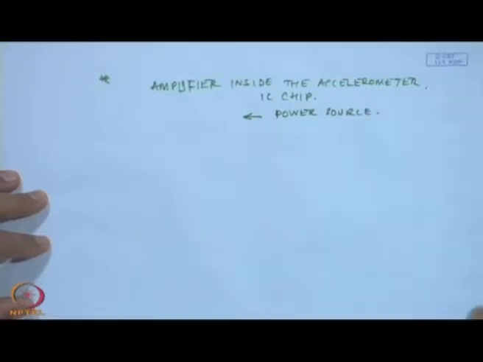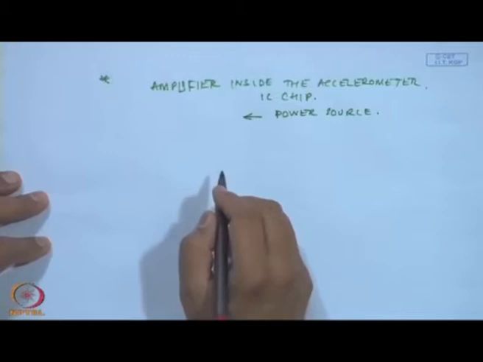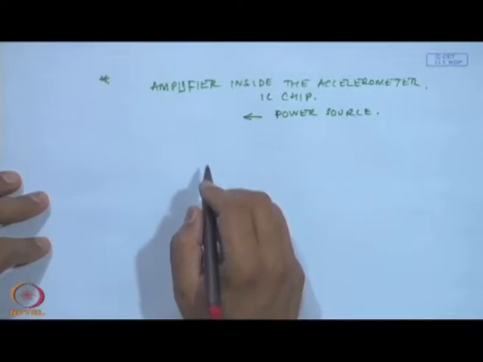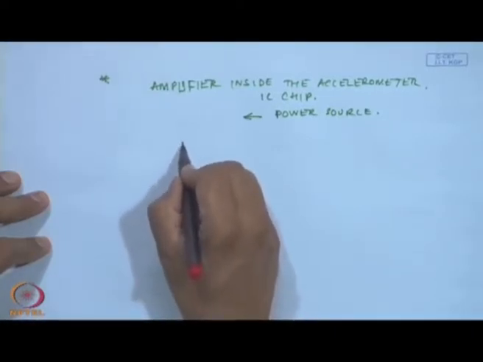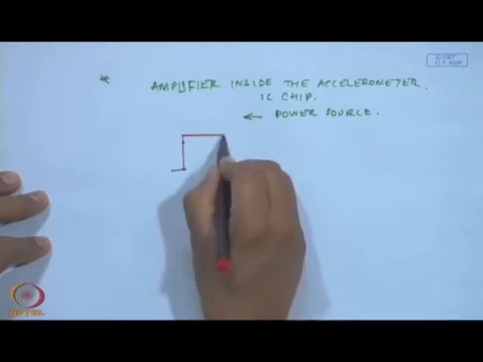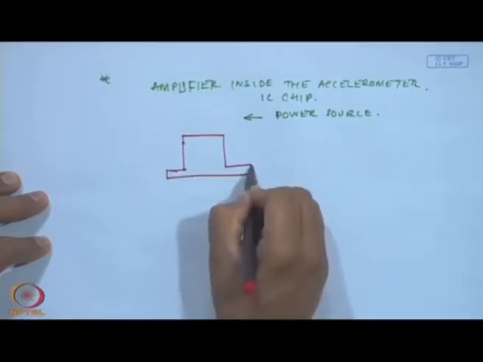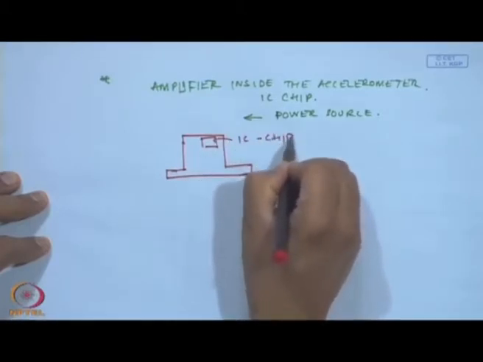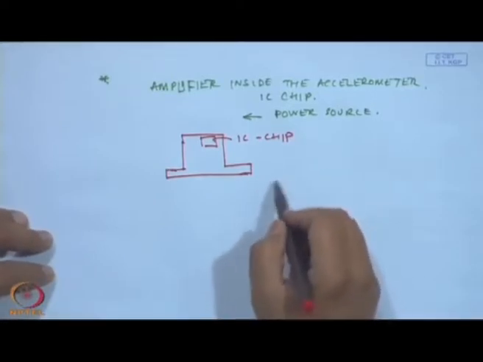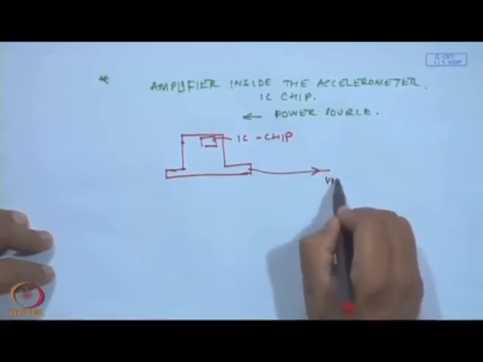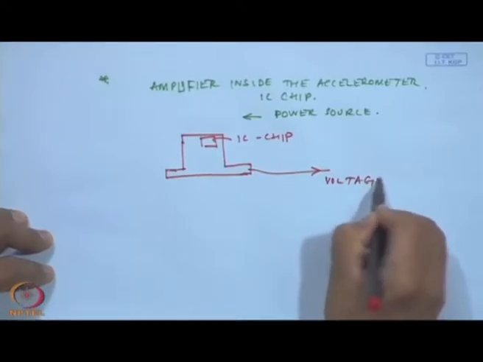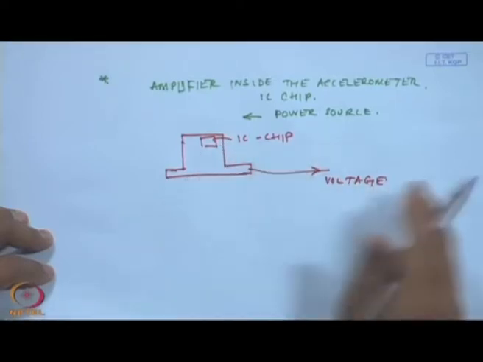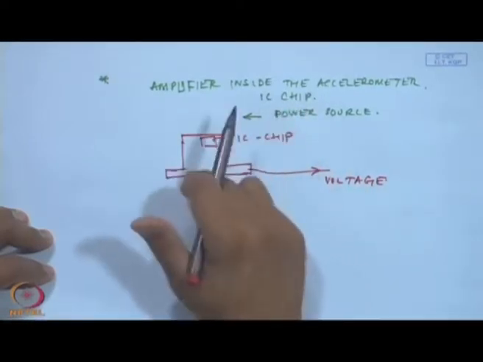So, once such accelerometers are there, then what we can do is, so this is the same accelerometer, but the IC chip is installed inside the accelerometer, and all you have to do is just take a cable, and this is a voltage output, because the same cable could be used, another conductor could be used to give the power supply to the IC, which is used to convert the charge to the voltage.